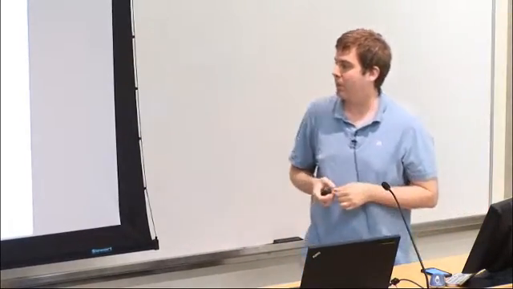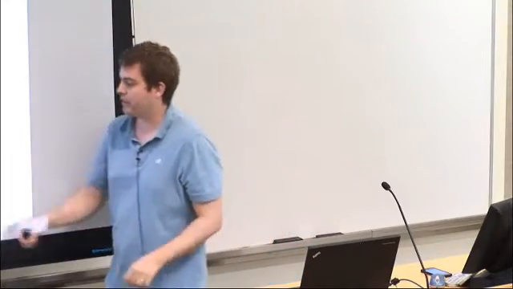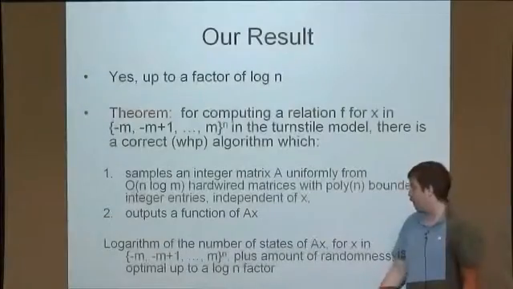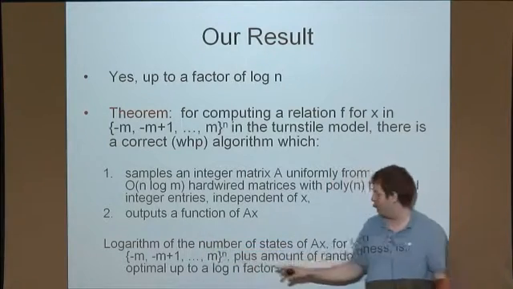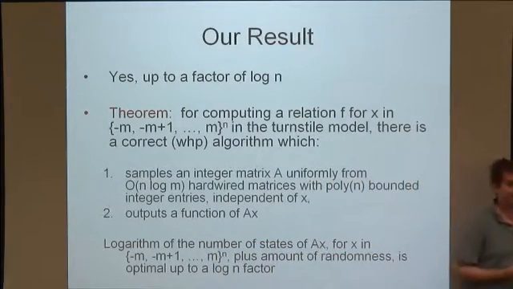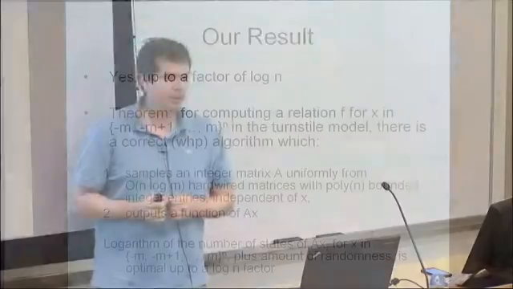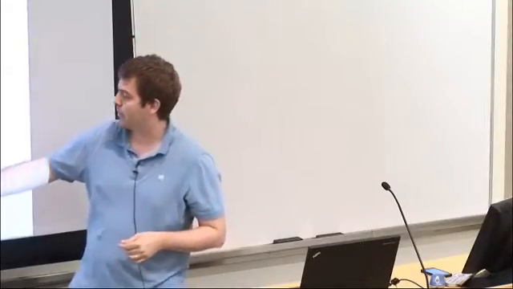What we show is that the logarithm of the number of states of Ax, where as I range over x inside of this integer box I get potentially different images A times x, together with the amount of space needed to store the randomness, which is actually just log n bits because the randomness is only used to choose one of these hardwired matrices uniformly at random, is optimal up to a log n factor in this space.